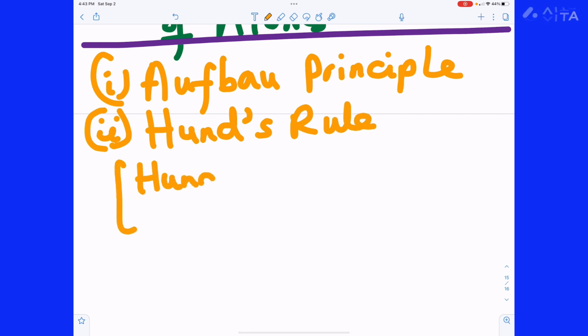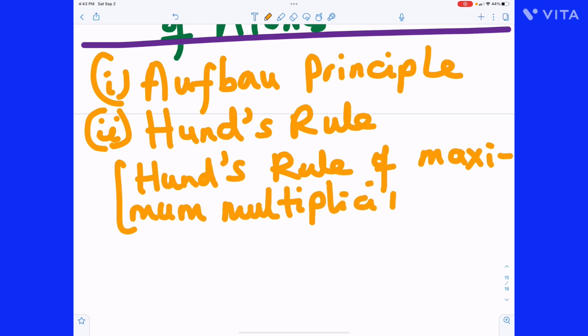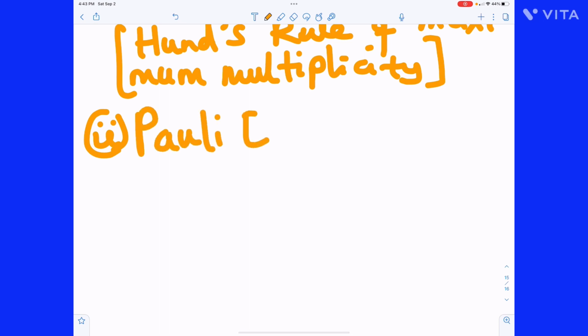Sometimes you find it written as Hund's rule of maximum multiplicity. So that's the second rule used in describing the quantum electron configuration of atoms. The third one is called the Pauli exclusion principle.